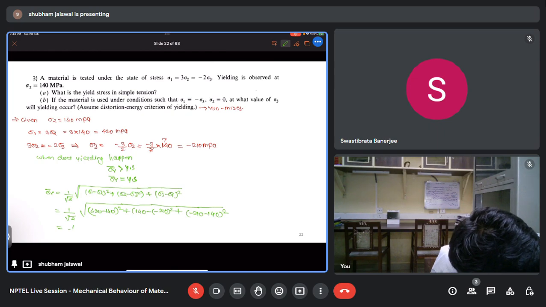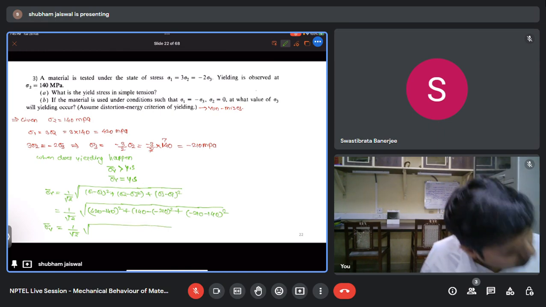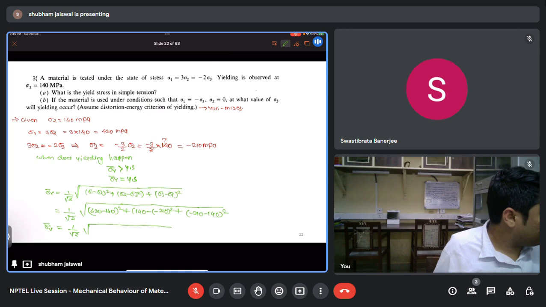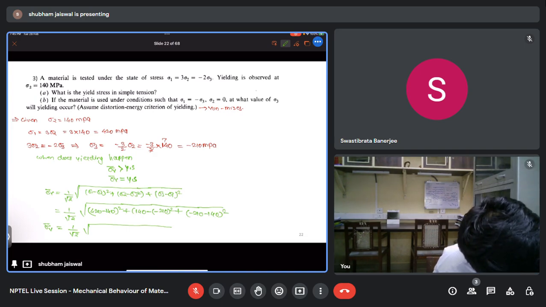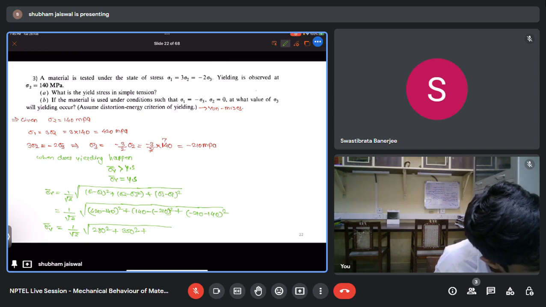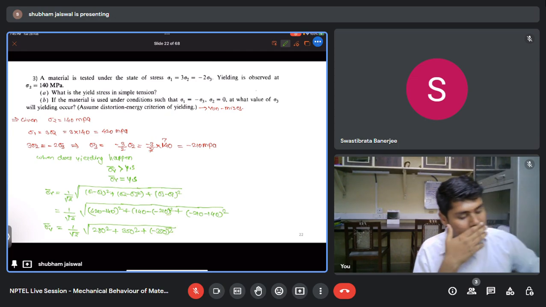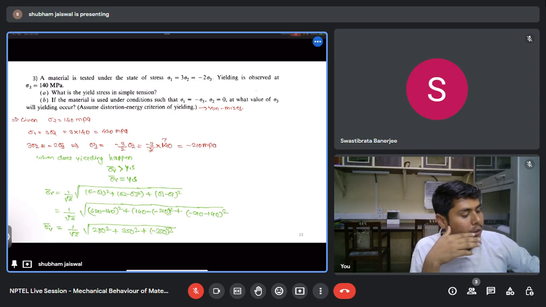So 420 minus 140 is 280, 280 square plus 350 square plus minus 350 square. So how much is it coming?